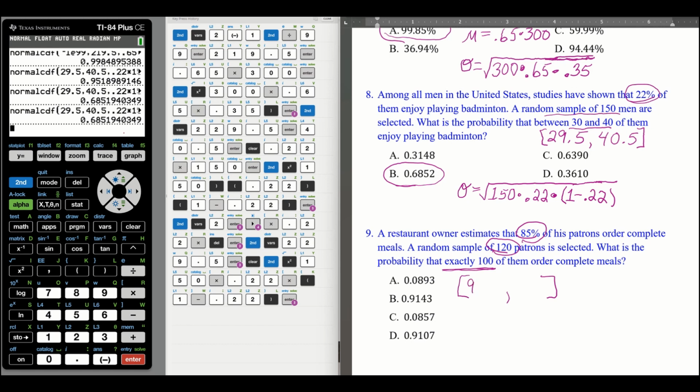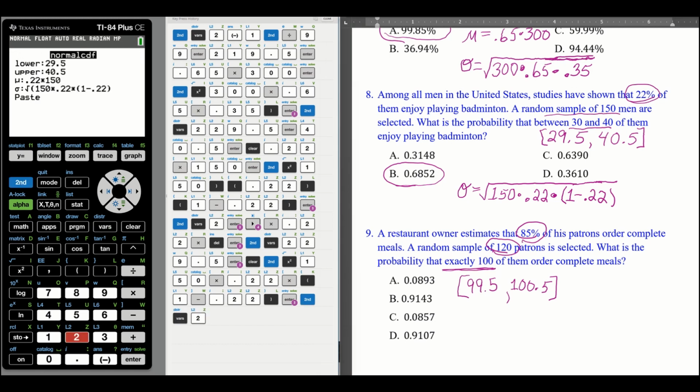So that's 99.5 and 100.5. Okay, let's try that on the calculator. Let's put all these things in. Second bars, 2. Okay, bottom end, lower bound. Okay, upper bound.